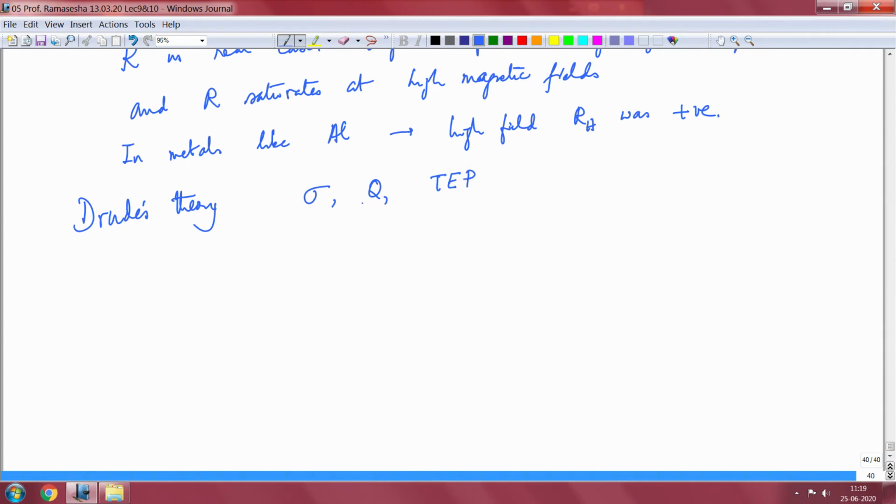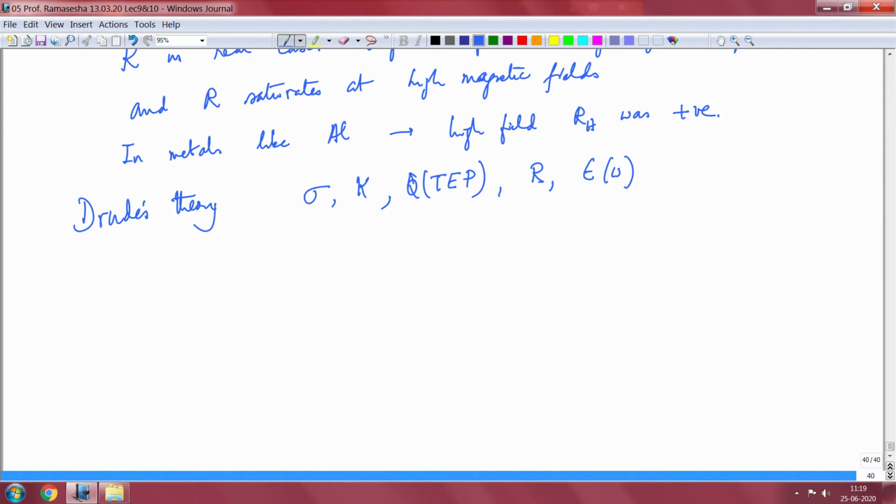So Q is the thermoelectric power. And we could also get the thermal conductivity kappa, the Hall coefficient R, and the dielectric constant epsilon as a function of omega. So many of these things could be calculated.